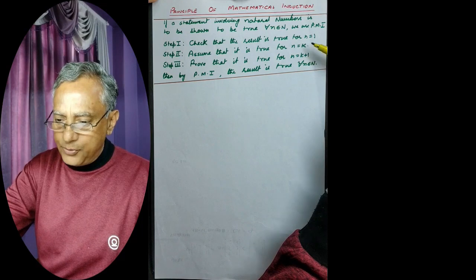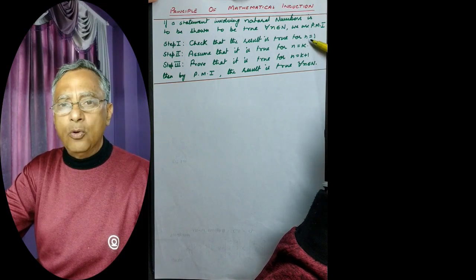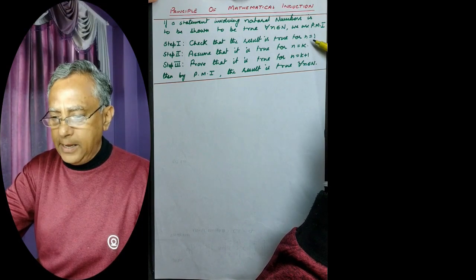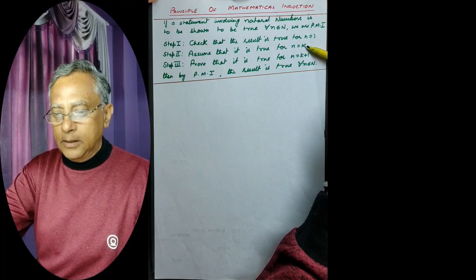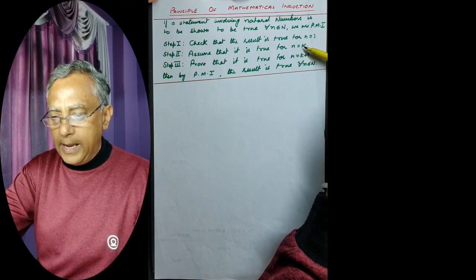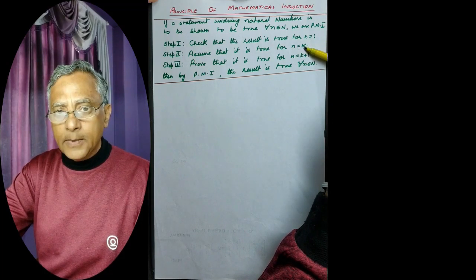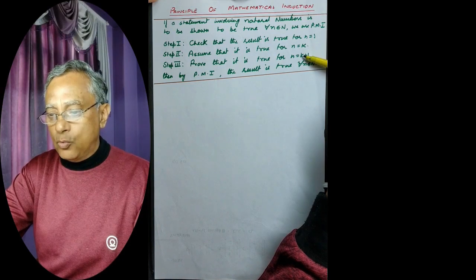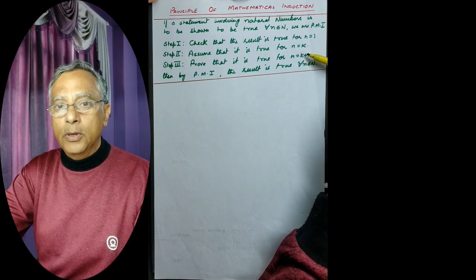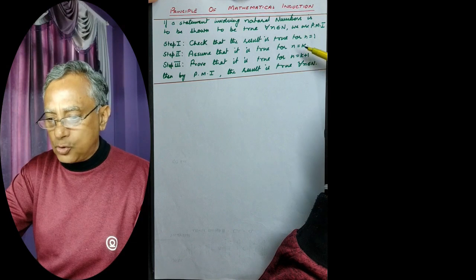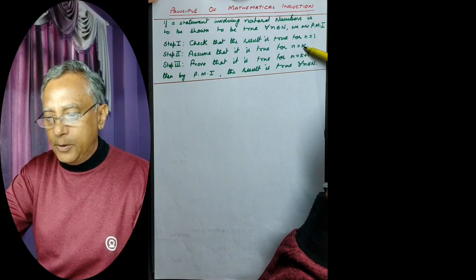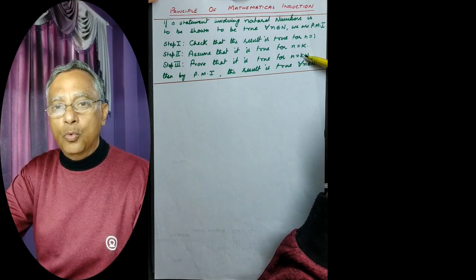Now we have checked that the result is true for n equal to 1. Now take k equal to 1. Now result is true for n equal to 1. It will be true for n equal to 1 plus 1, that is 2. So if it is true for n equal to 1, it will be true for n equal to 2.